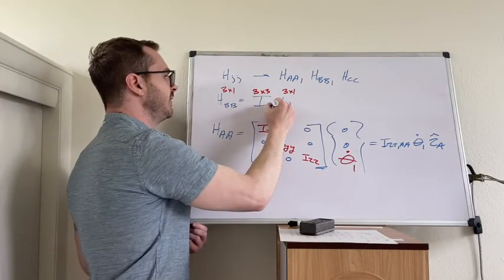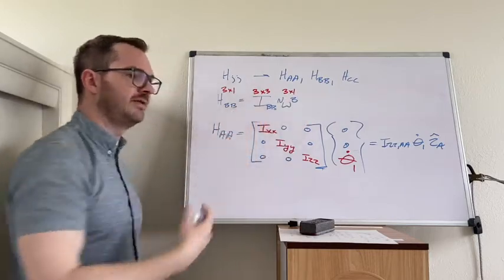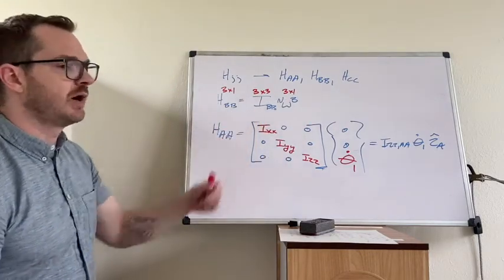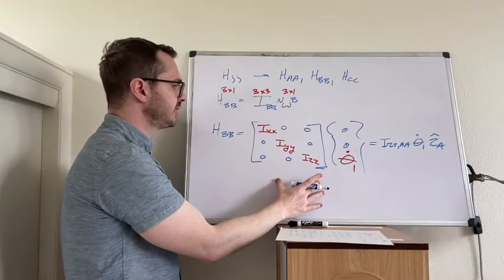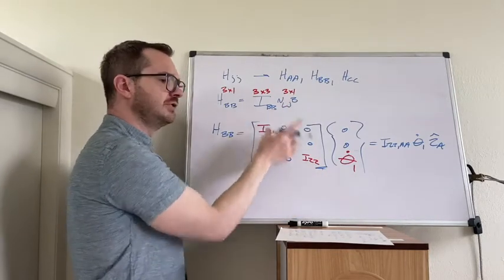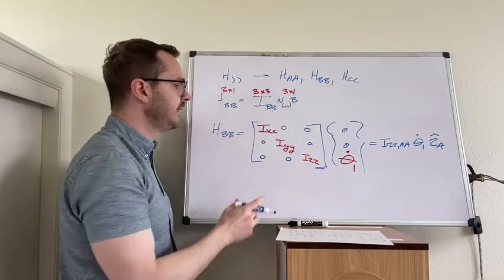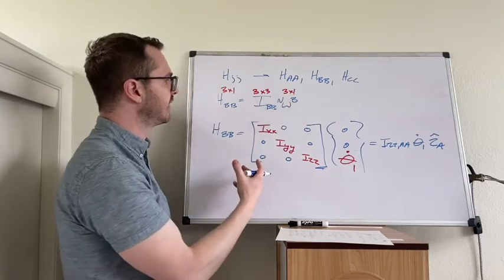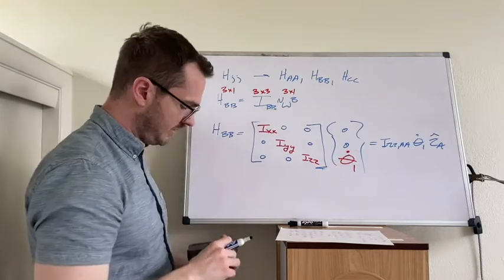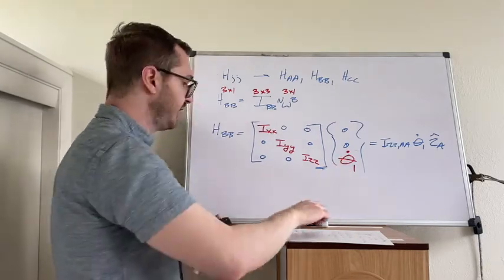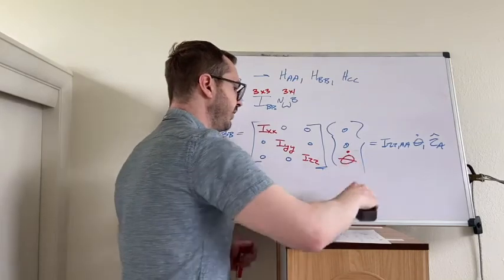I'm just going to erase some of these indices. H_BB equals I_BB omega NB. Same equation every time. Here is a general 3x3 matrix representing inertia. This could just as easily represent I_BB as it represented I_AA a second ago. Here is omega NB. The only difference here is this one does not rotate with theta 1.